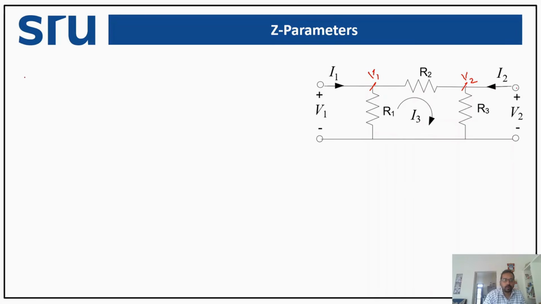Now applying nodal analysis at node 1. So at node 1, what is the incoming current? The incoming current is I1, and what is the outgoing current? It is V1 minus V2 by R2 plus V1 by R1.